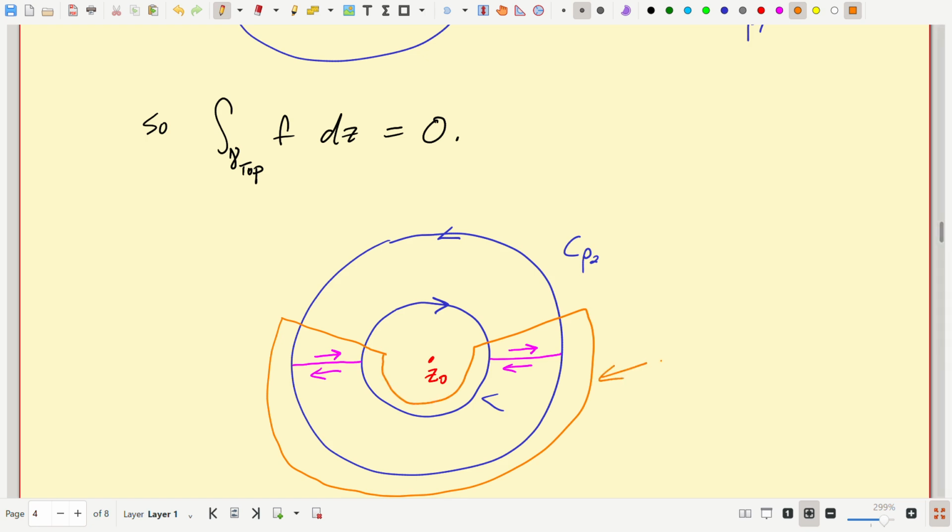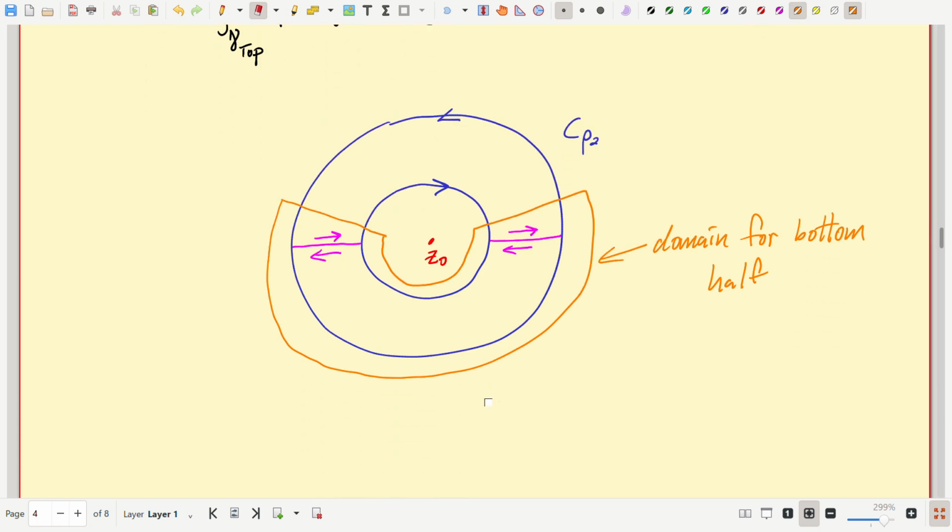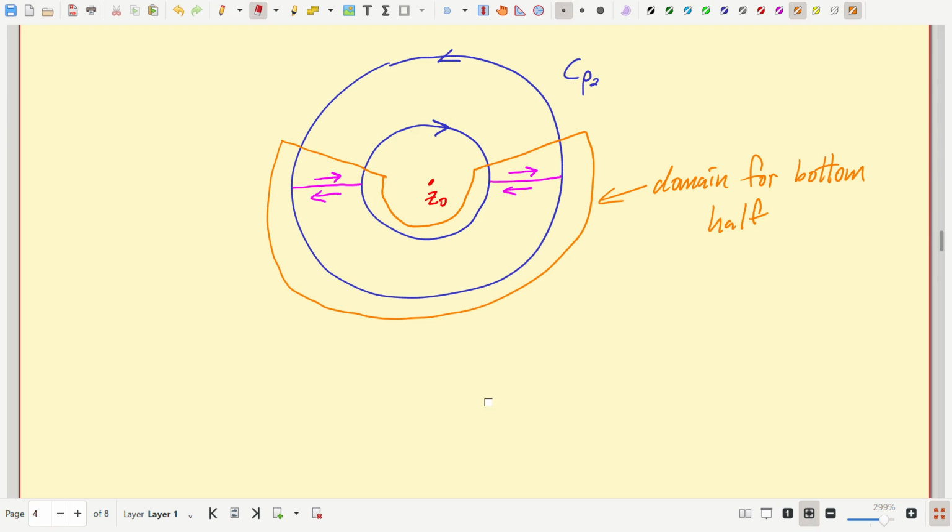This is a domain for the bottom half, where f is analytic. And so I get the integral around the bottom half of that curve.